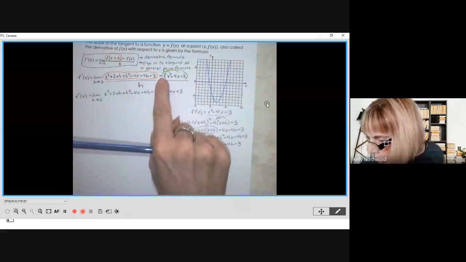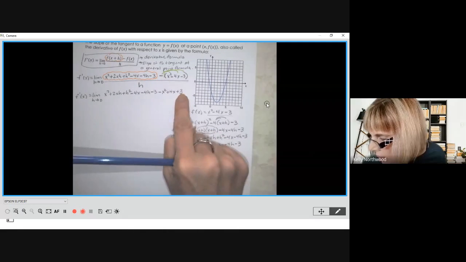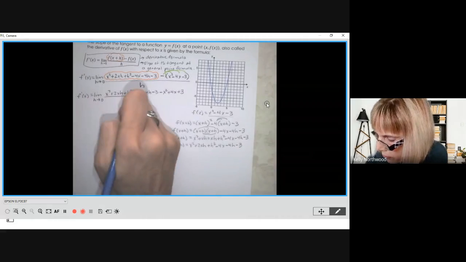So careful here: when you multiply the -1 by -4x, you're going to get positive 4x, and -1 by -3, you're going to get positive 3.